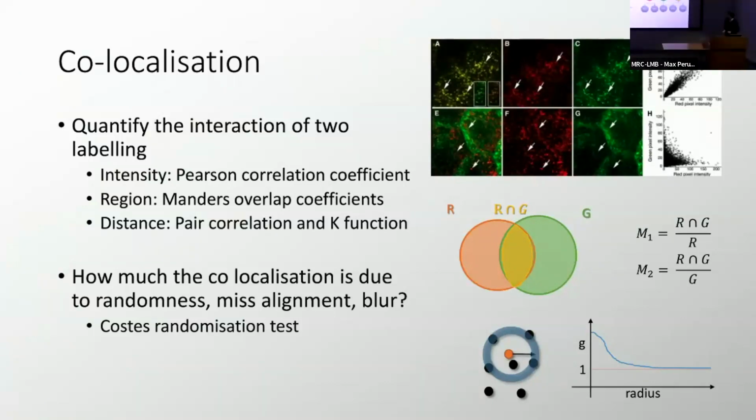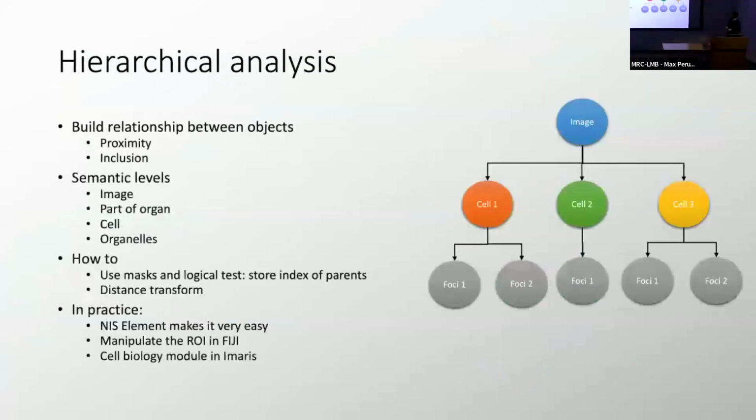Now, finally, we want to do what we'll call a hierarchical analysis, where you try to build a relationship between objects using proximity or inclusion. So you have your image, in your image you have several cells, and in the cell you have several foci.